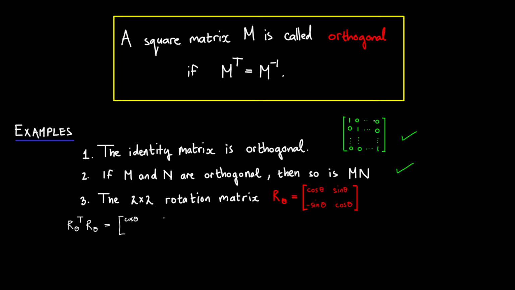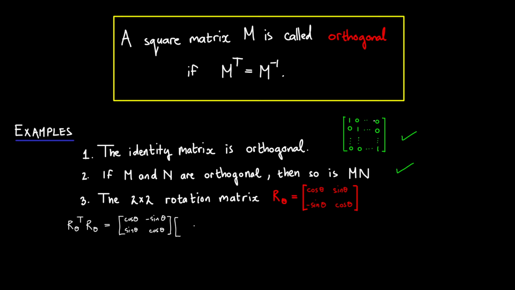Now, what does transpose do? It turns rows into columns. So the first row here is cos theta, sine theta, so this becomes sine theta. And then the second row here is negative sine theta, cos theta, so here we get negative sine theta, and here we get cos theta. Okay, so that's the transpose, R theta transpose.